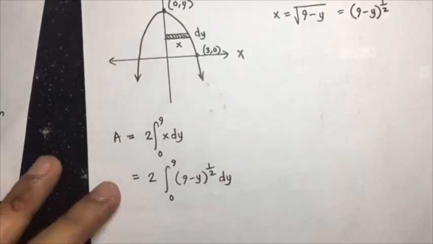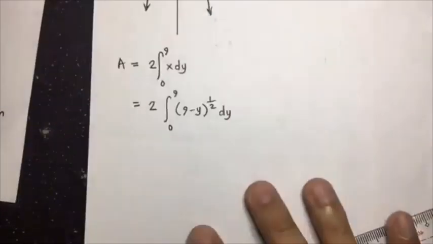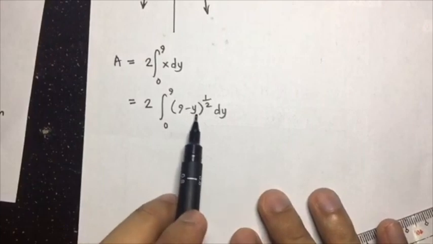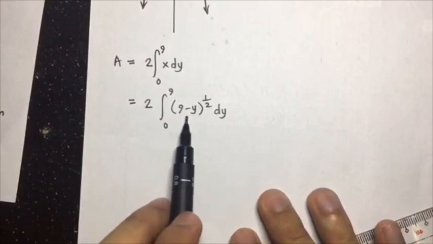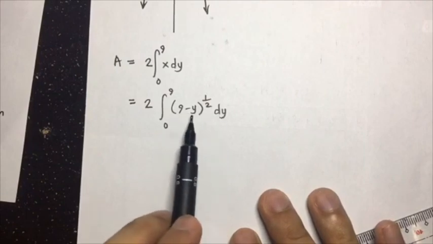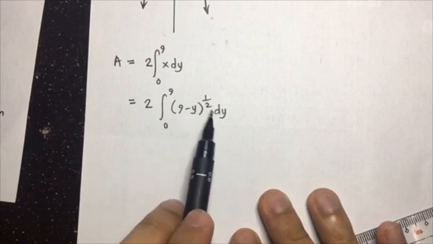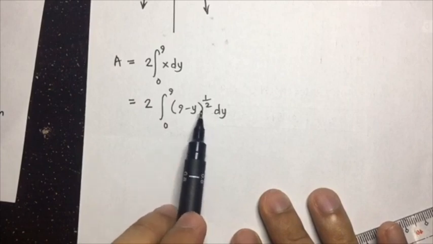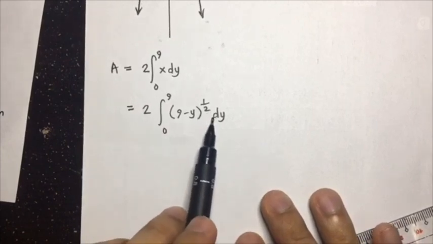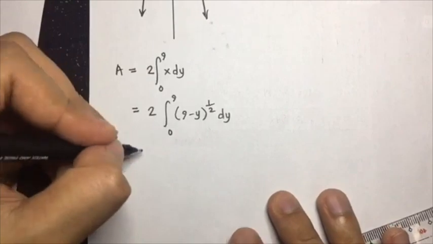Okay, so how do we integrate this? We can integrate this using the general power formula, where our u is 9 minus y. Its du should be the complete differential of 9 minus y, that is negative dy. Here we only have dy, so we need to add a negative beside dy, and to balance that out, put a negative outside the integral sign.